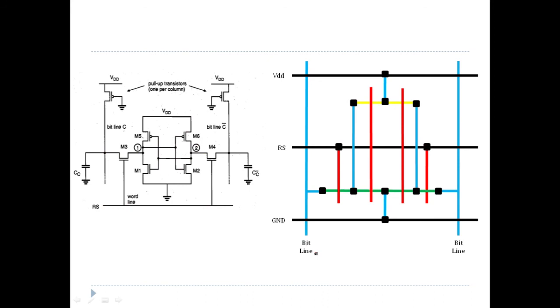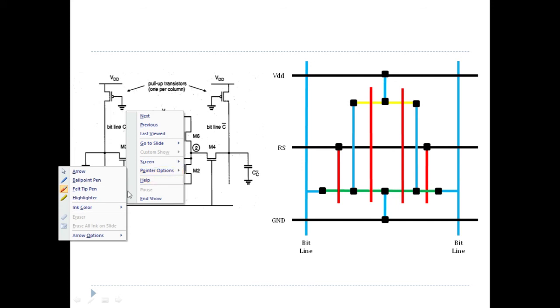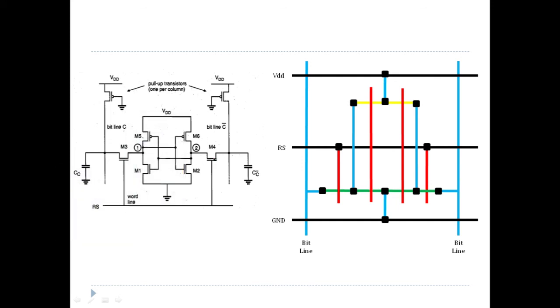Now if you know this kind of structure or stick diagram, I'll suggest you go in the same way for the resistive load type inverter, and you can draw the stick diagram like this.